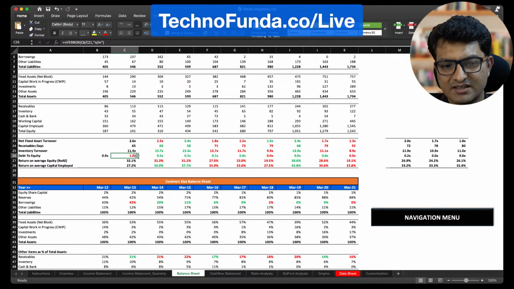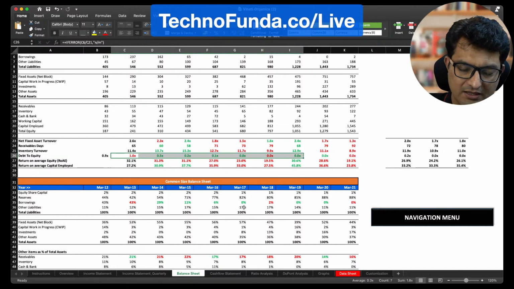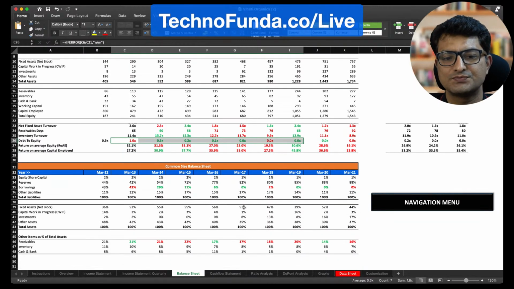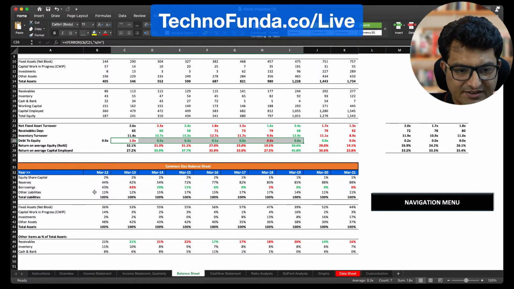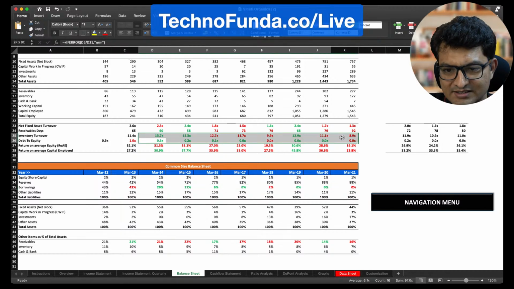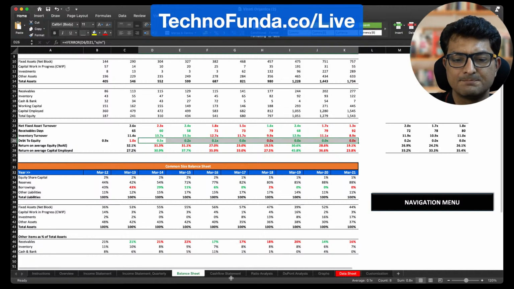Ideally, I want to see this on a decreasing trend overall, with them putting in money through internal accruals. So see this borrowing trend, which is very powerful. What is the trend in the debt to equity ratio? If it is an increasing trend, then you need to be alarmed about what is happening and why they are taking so much debt.